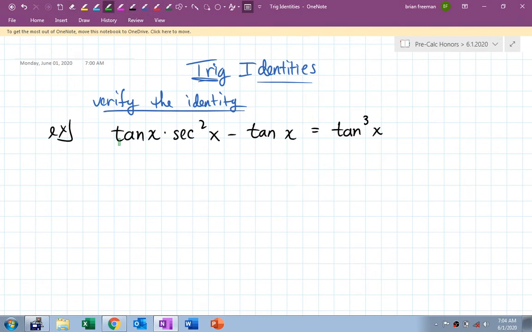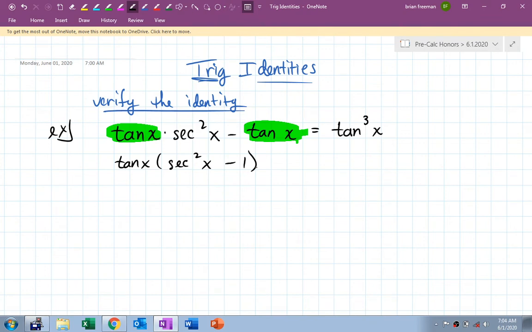Again, like I was just hinting at, we have a common tangent of x. So I want to factor out tangent of x. And what I'm left with is secant squared x minus 1. I haven't used any identities yet. I just did algebra.